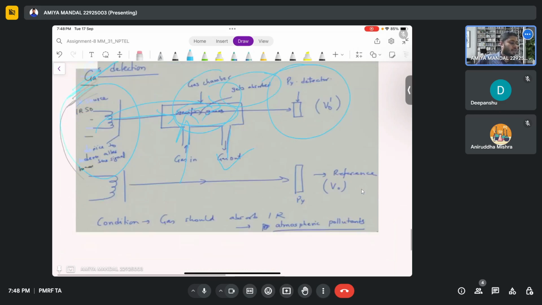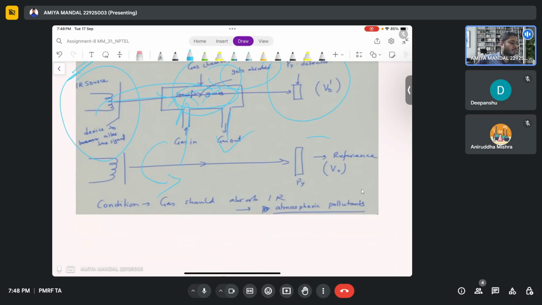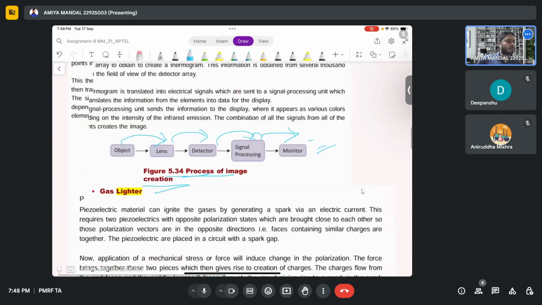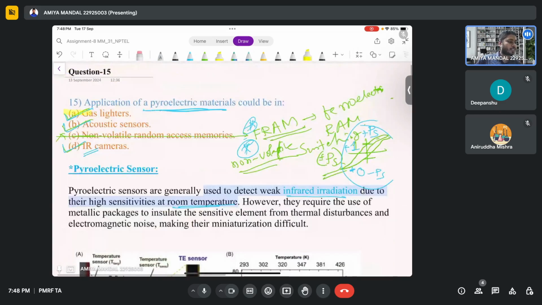There is also a reference voltage calculated to make a difference, and by observing this difference, a pyroelectric measurement is created. So now you can see how a gas detector works with pyroelectric material, how acoustic sensors work, and how an infrared camera works. All these are the application purposes.